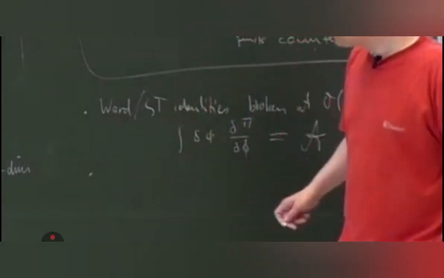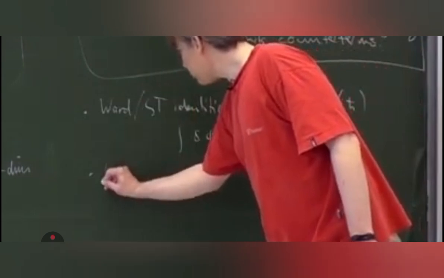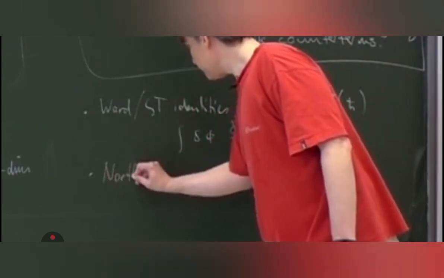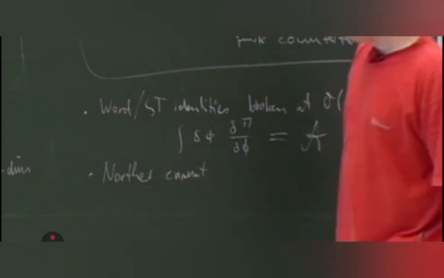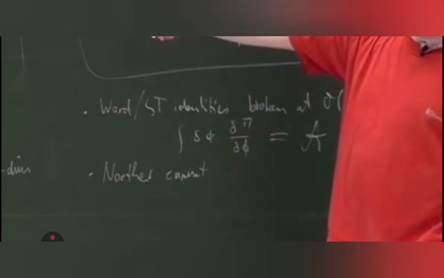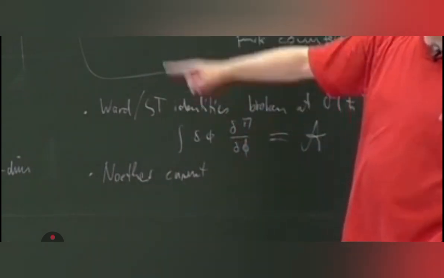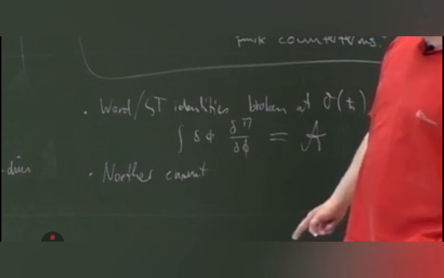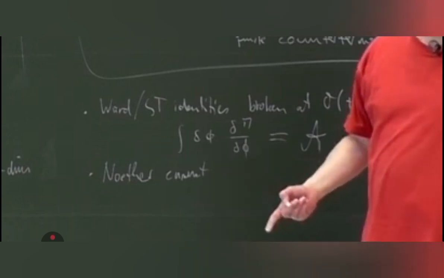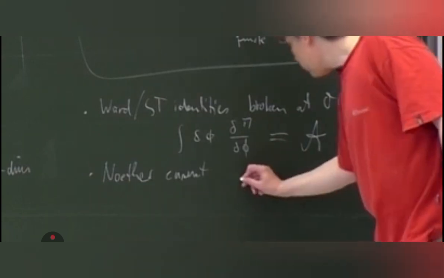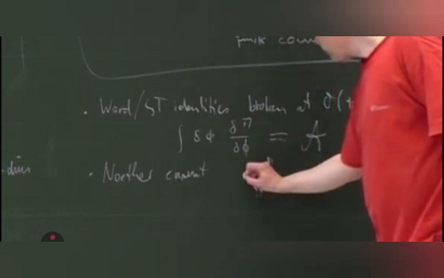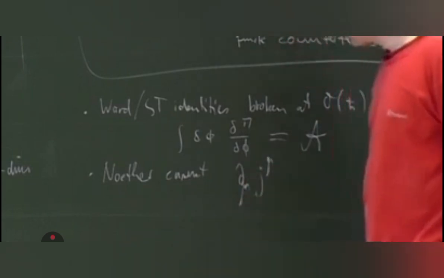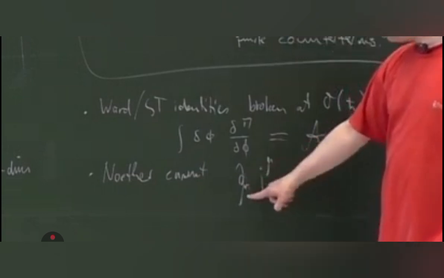Similarly, and even easier to visualize, is if you go back to the Noether current. According to the classical symmetry, you have a Noether theorem because it's a continuous symmetry, and there is a Noether current which in the classical theory is conserved. So there is a quantum operator counterpart of that Noether current, and you would have a conservation relation d mu j mu equals 0.